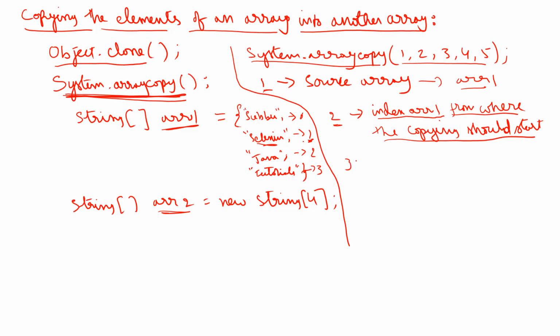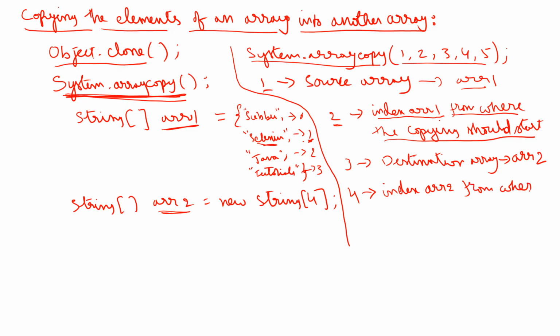Now the third argument is the destination array. So in this case, it is ARR2, and the next one is the fourth argument. The fourth argument is the index of the destination array from where the elements should be copied to.